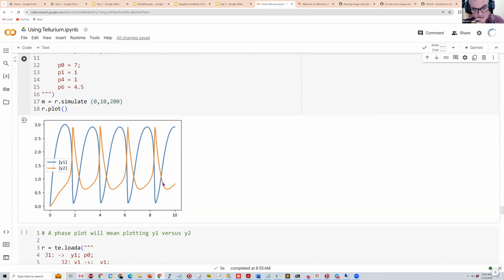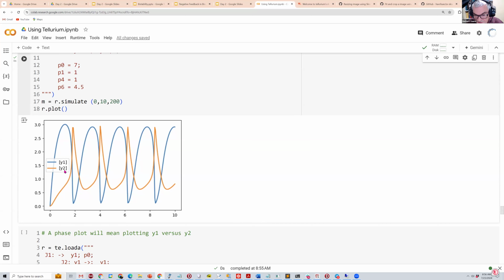Now, what dynamics people like to do, though, is plot phase plots or phase portraits. And the way to do that is simply to plot Y1 versus Y2. So although this is time down here, I'm now going to plot Y1 versus Y2.